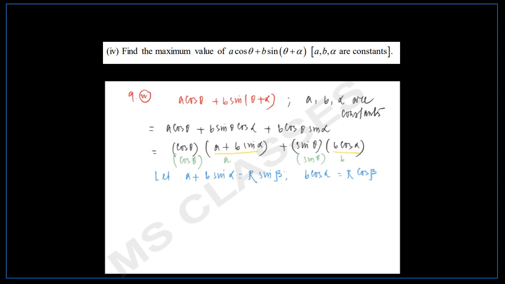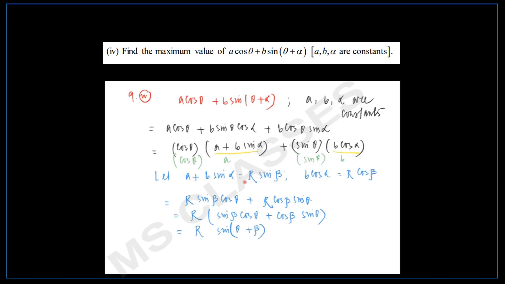Now this is R sine beta cos theta plus R cos beta sine theta. Taking R common, sine beta cos theta plus cos beta sine theta. This gives you R sine of theta plus beta.